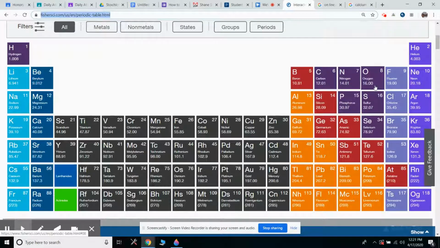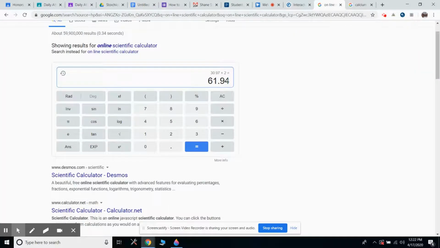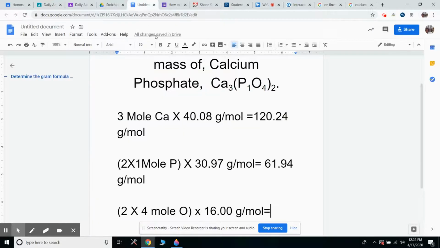If you look on the periodic table, there it is, 16.00. And 16 times 8. Okay, that gives me 128.